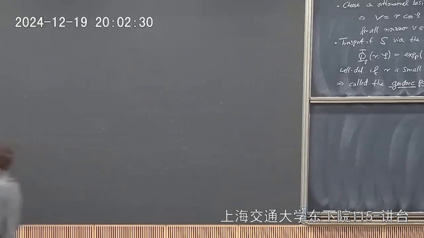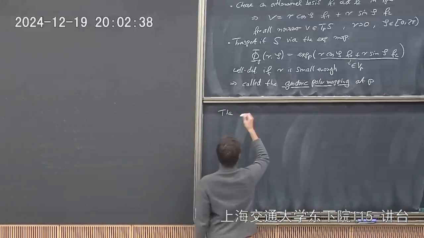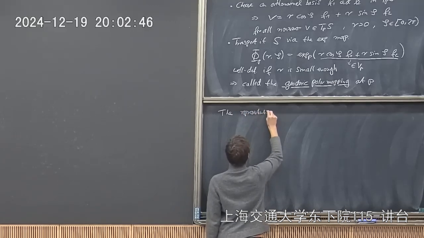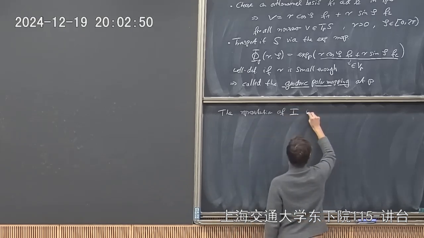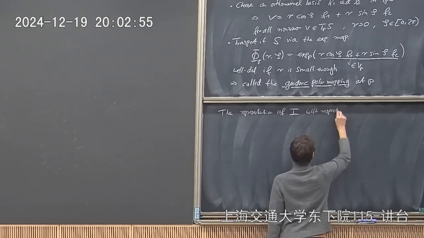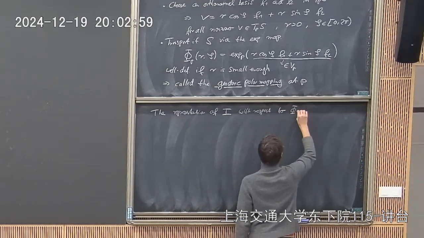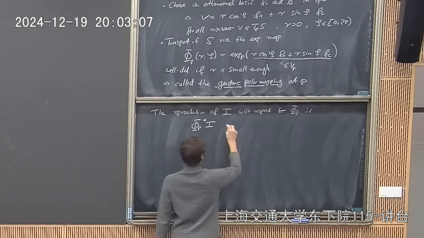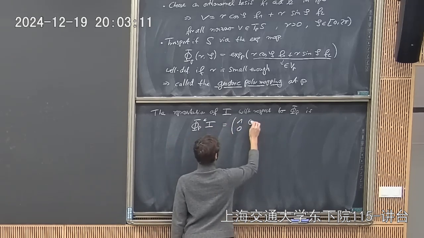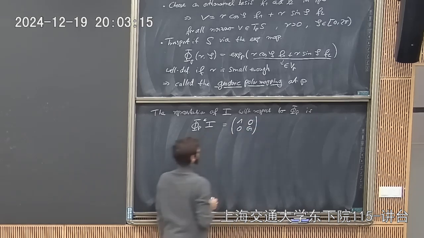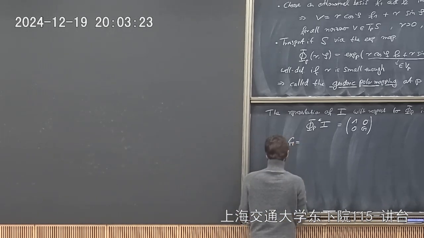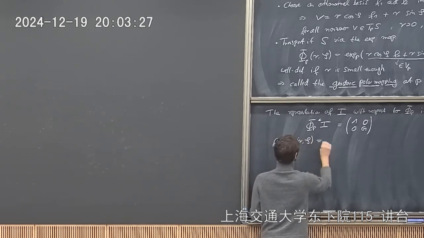Phrased differently, the representation of the first fundamental form with respect to the polar coordinates is of the form that we take the pullback, and then we get the matrix, and the matrix is of the form 1, 0, 0, and then we have one function g downstairs, for g being a function depending on r and phi.